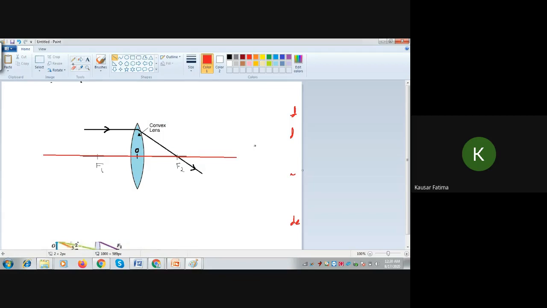This is f1 and this is 2f1 at the same distance. This 4 centimeter is 4 centimeter. F2 will also be 4 centimeter. It is 2f. Now we are placing the object at 2f. We have brought it a little closer.